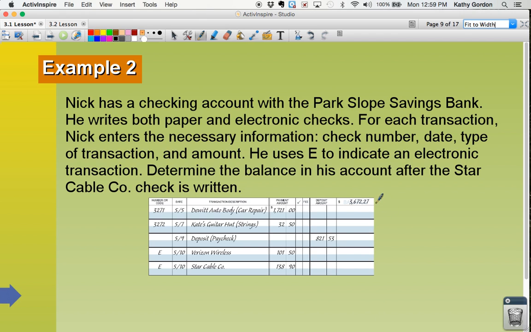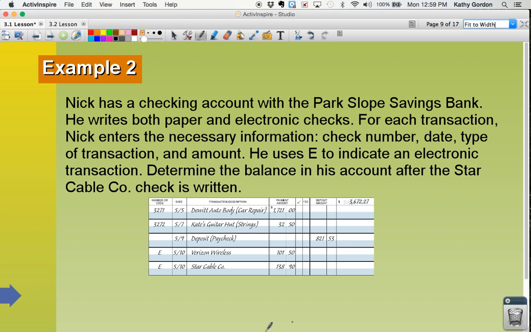All right, so right now, Nick is showing a balance of $3,672.27. Okay, make sense? So this is what a check register will look like when you have it filled in. Okay? Any questions on that?